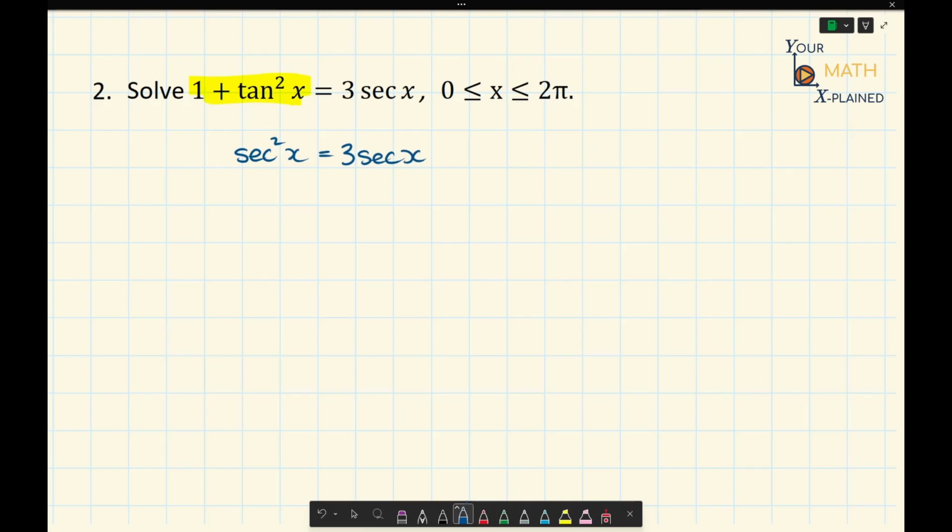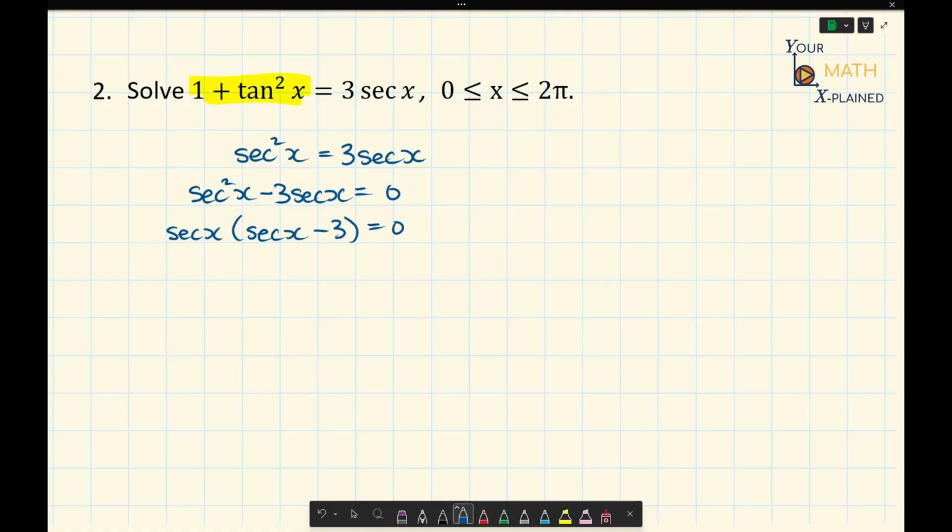Now moving all the terms to the left side is going to give us secant squared x minus 3 secant x is equal to 0. Now we're going to factor the left-hand side. So we can take out a secant x, and we're left with secant x minus 3, and that is equal to 0.